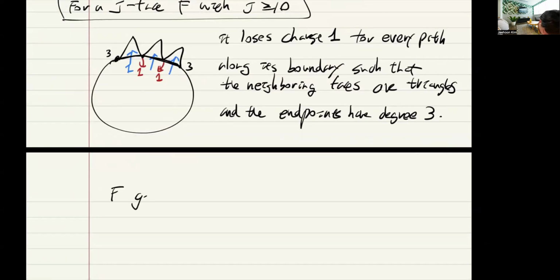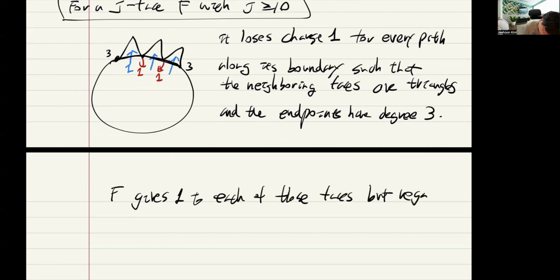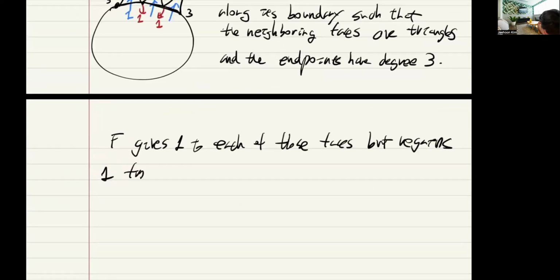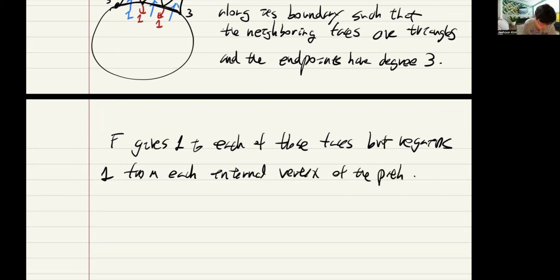F gives 1 to each of those phases, but regains 1 from its internal vertex of the path. So it gives 1.